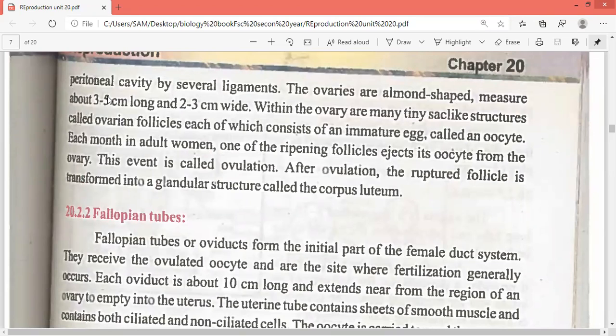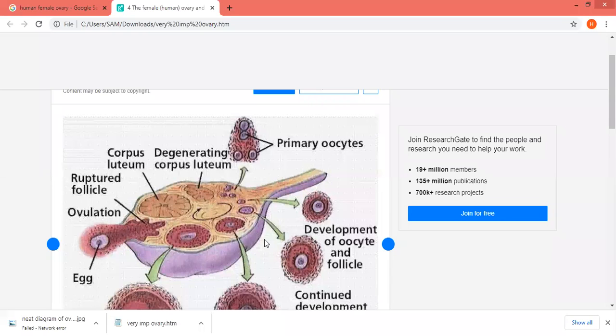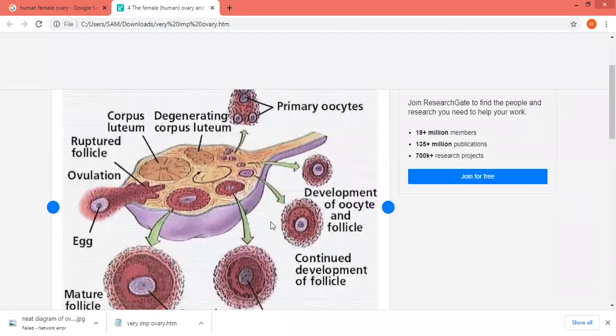This is important, okay? Within the ovary are many tiny sac-like structures called ovarian follicles, each of which consists of an immature egg called oocyte. ठीक है, अब मैं अगर आपको थोड़ा सा इंटरनल स्ट्रक्चर बता दूं ओवरी का, that is the structure of ovary.